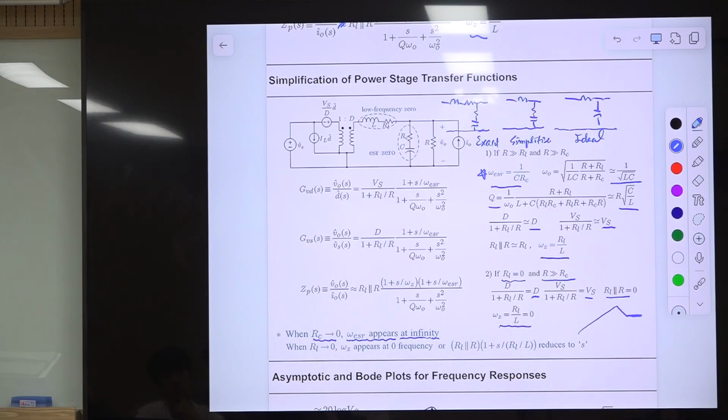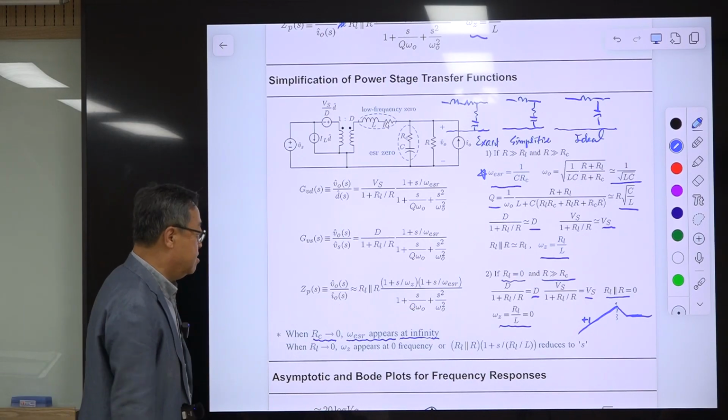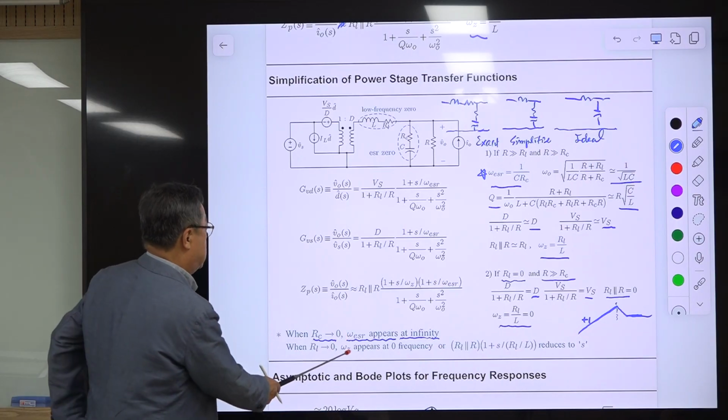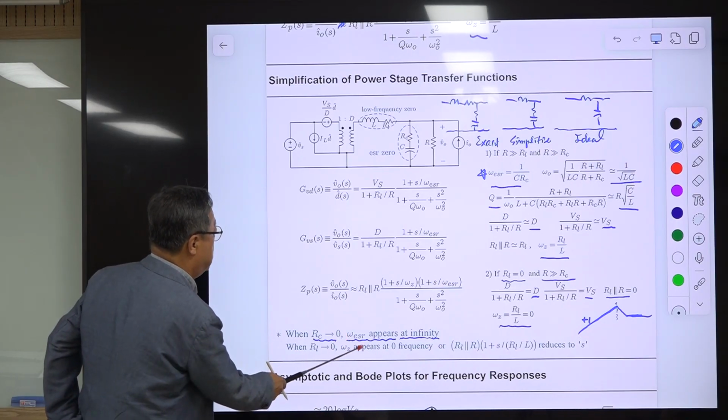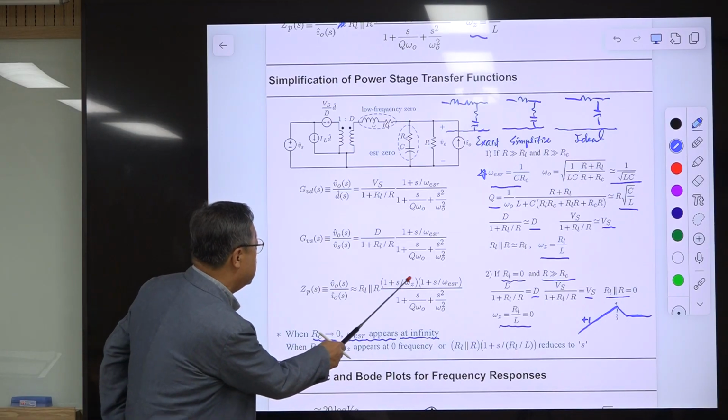Suppose you have a 0 at the origin, at 0 frequency. It starts with differentiation, with a +1 slope like this. So the 0 appears at 0 frequency, or this one, and they cancel.